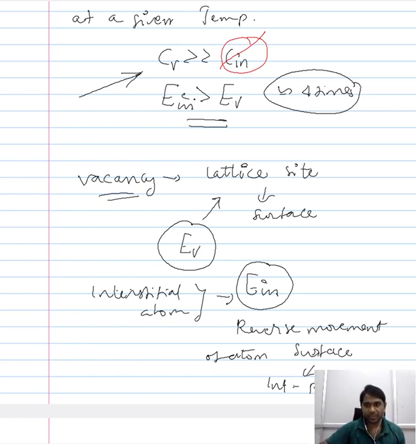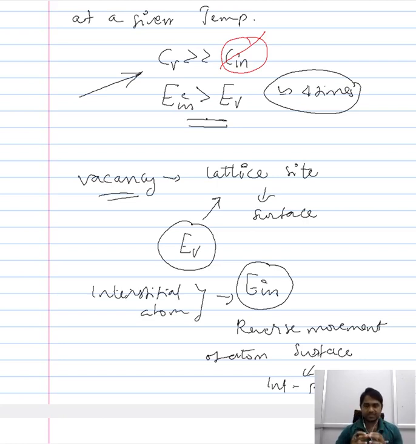That is the reason the energy required for the formation of an interstitial atom is considerably higher than that for vacancies, because placing an atom on the surface, where you have additional degrees of freedom, is fairly easier than placing an atom within the interstitial site, where it is already surrounded by a sufficient number of atoms. That is the reason for this significant disparity in the energy required.